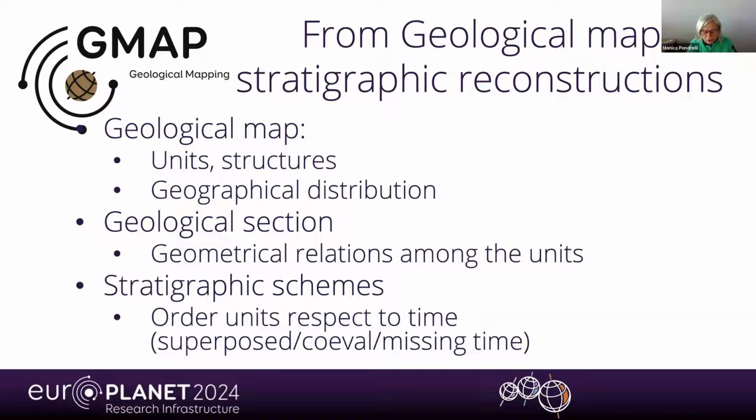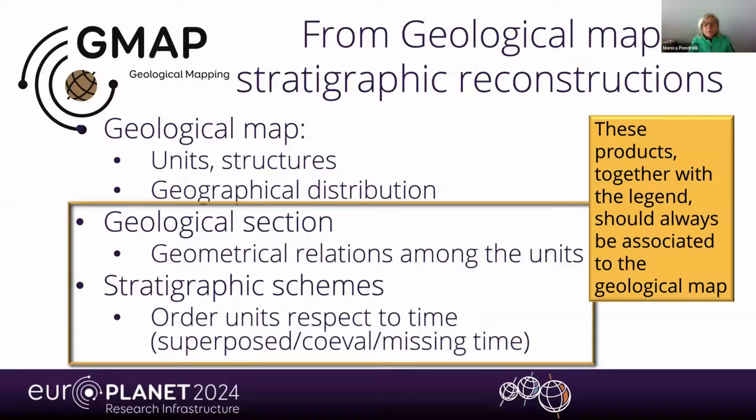We need, in some way, to extract this information from the geological map, through geological sections, as you saw, which focus mostly on the geometrical relations between units, and through stratigraphic schemes, which show relations with respect to time in different ways. Units can be superposed, can be covered, and we can have missing time.